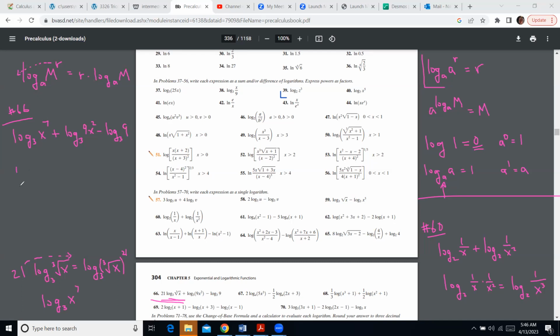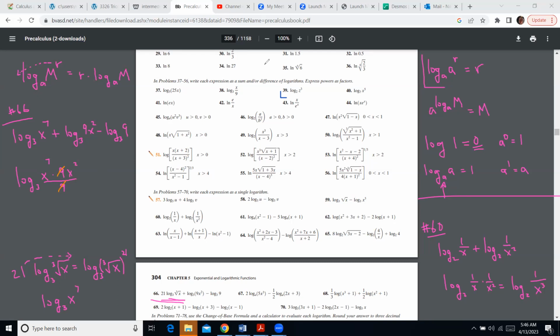So I will put all of these logarithms together and multiply x to the 7th power by 9x squared, and then divide this by 9, just like that. So we produced one single logarithm, and it looks like 9 and 9 I can cancel, right?